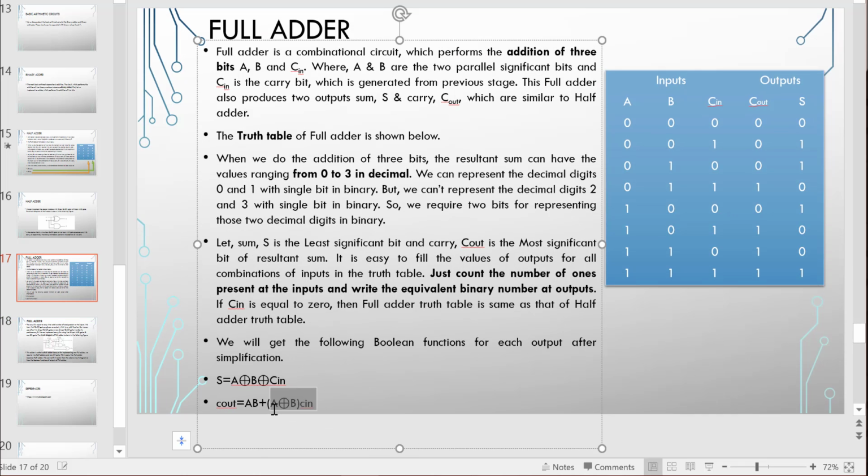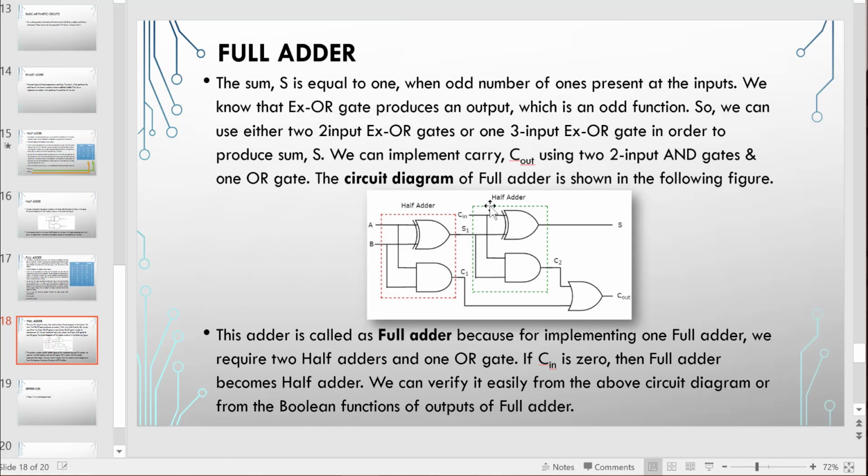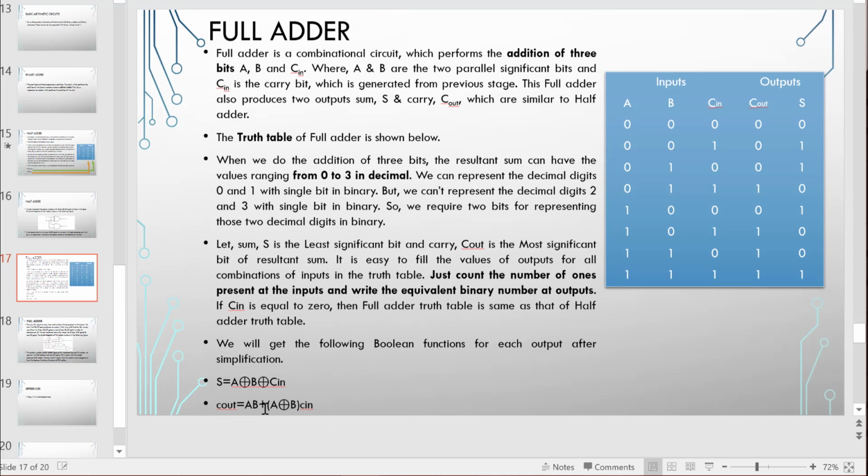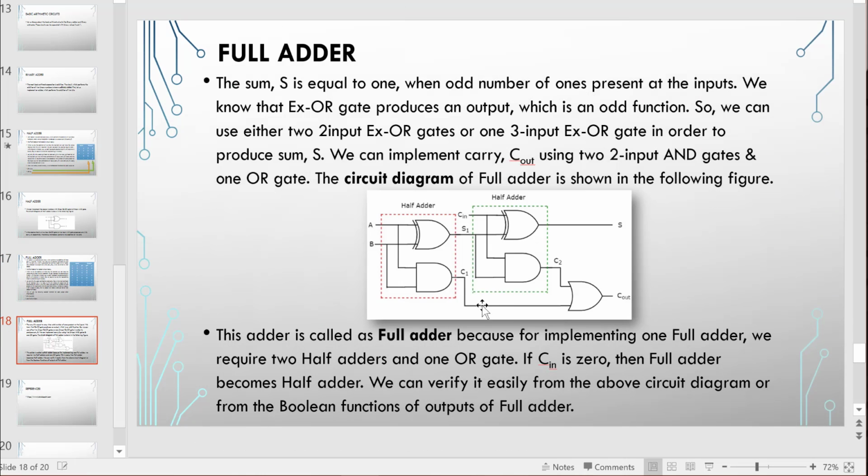So this is the situation when the A exclusive OR B output and Cn are the inputs here, and an AND gate is used. Then this output and the AB output are used together with the OR gate, right? So we will get the values for the full adder.